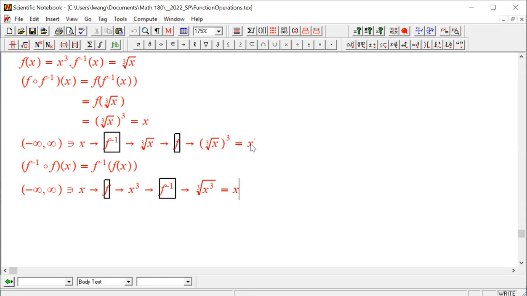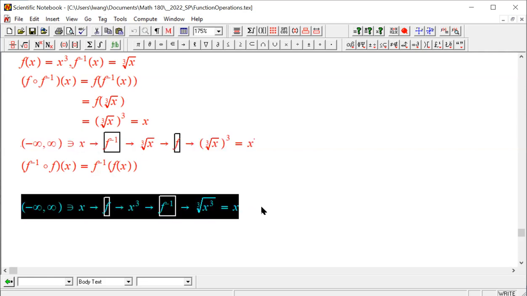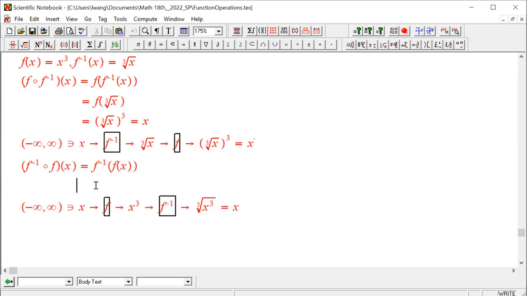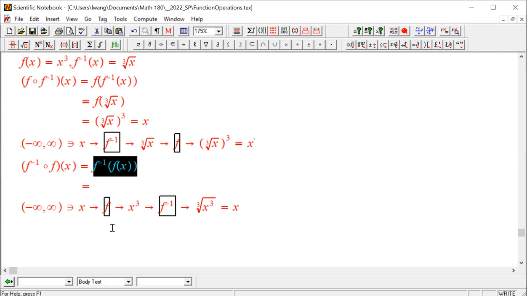If we look at the function operation, most of the time you're going to do this kind of operation instead of the flow. I'm doing the flow sometimes just to give you a sense of process and order of operation. The order of operation is that you operate from inside out. So we apply the rule of f first, which is to power the input by 3.